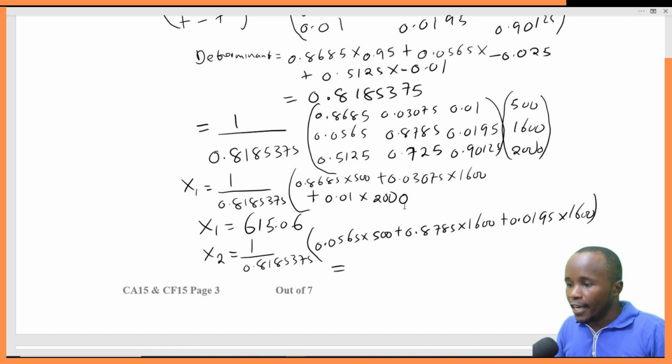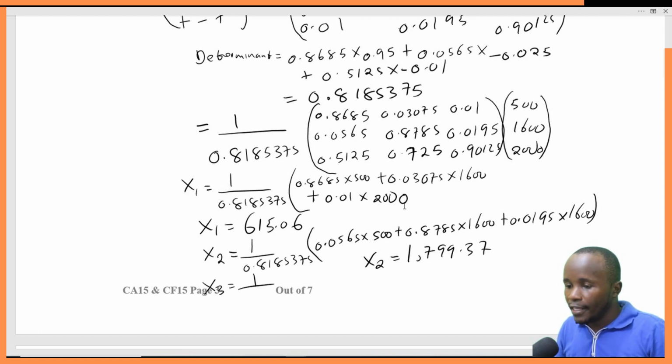If you do this, you find X2, giving you 1,799.37. And finally, we go to X3.